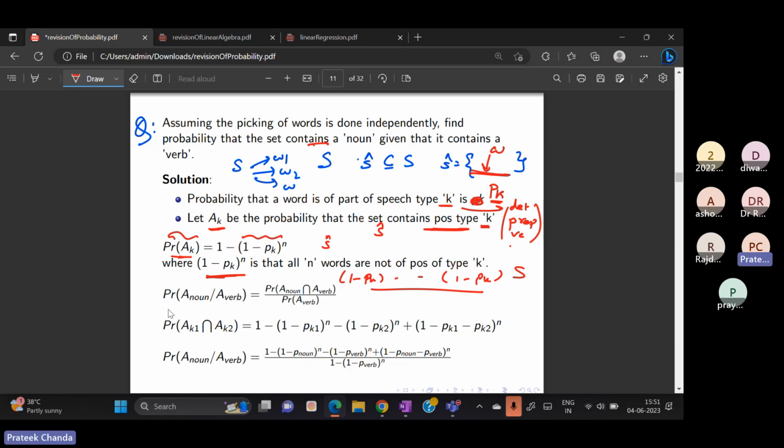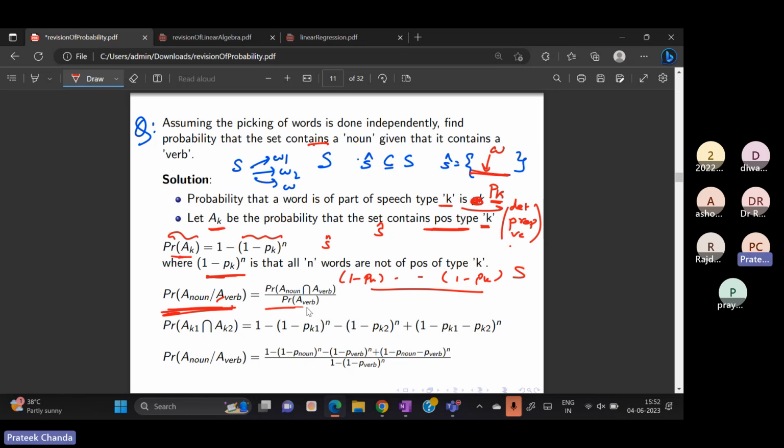Now the objective is to find the probability that the set contains a word which is a noun, given that it already has a verb.